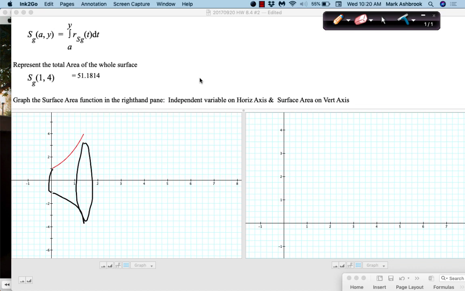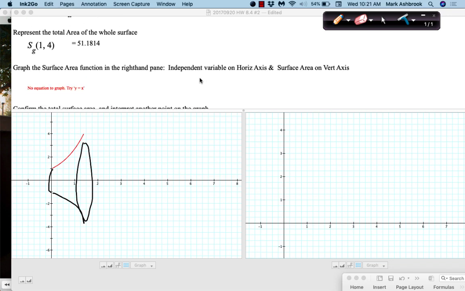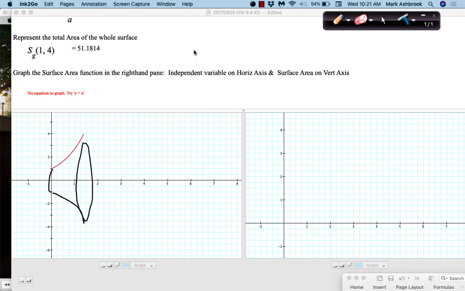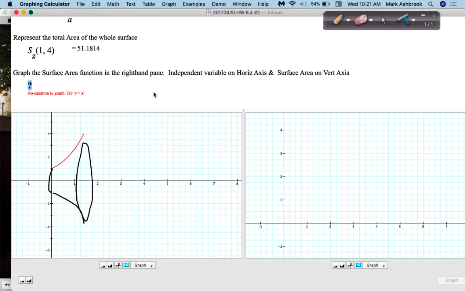See if you can write out what I should type into GC so that over there, I get my independent variable horizontally, and then the vertical axis tells me what the surface area would be. Go. Just write it.